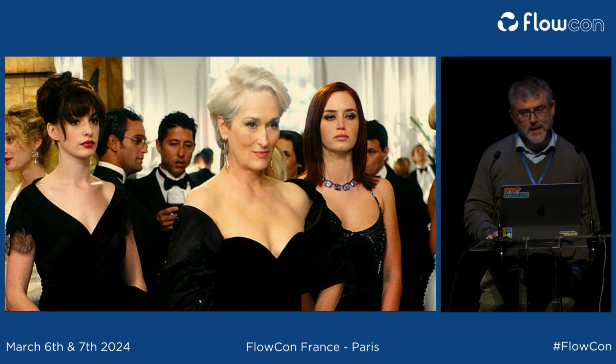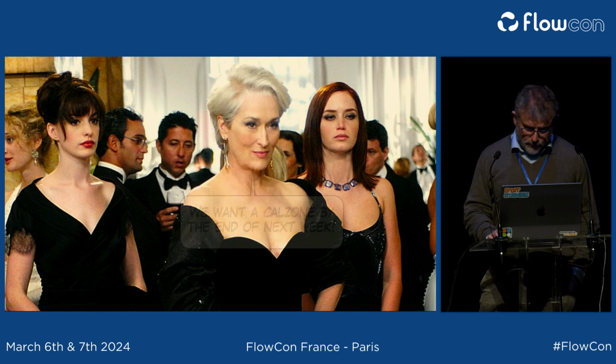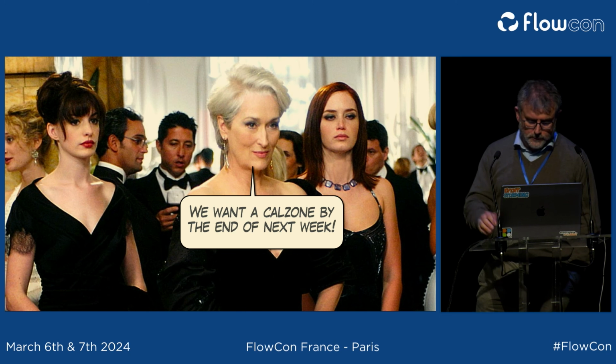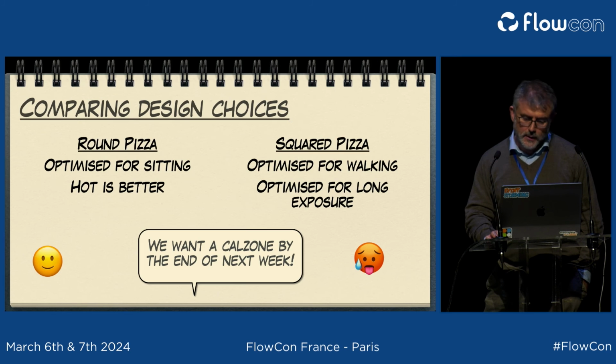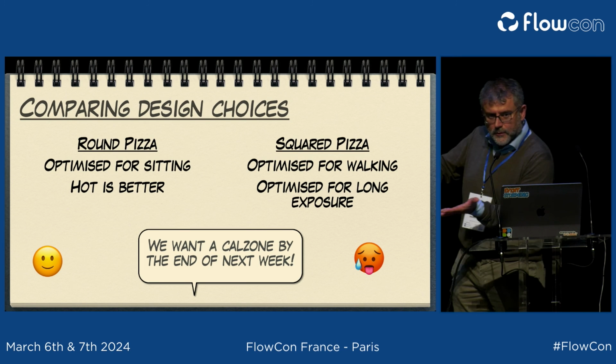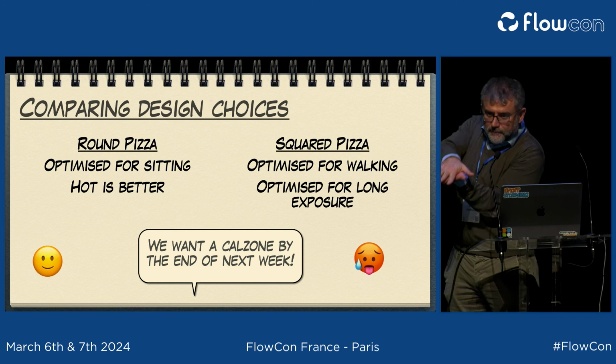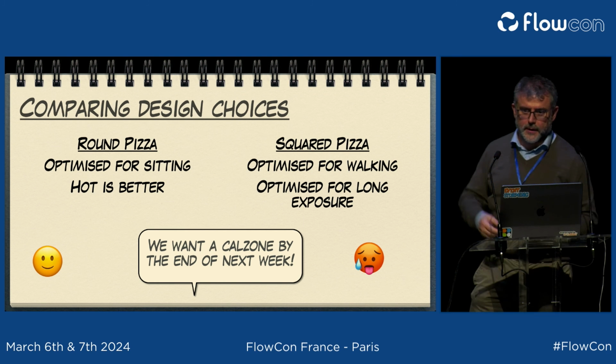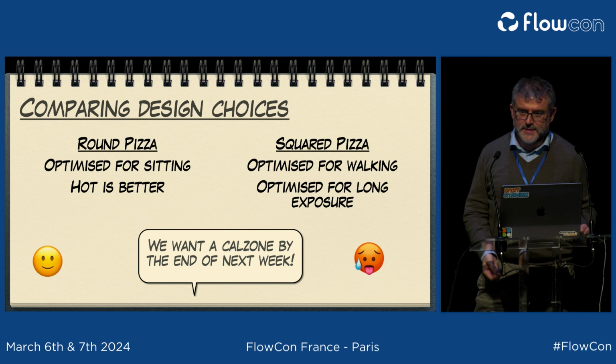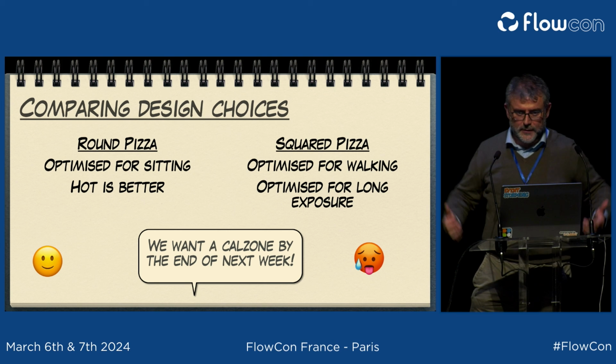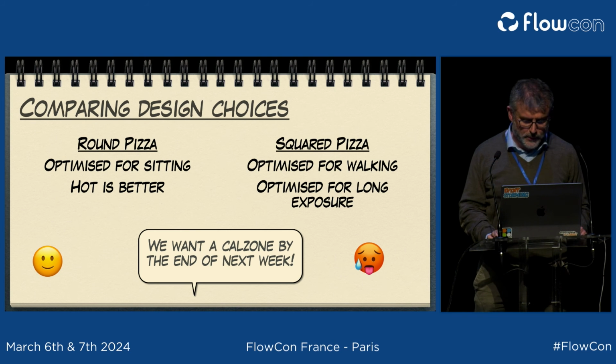They're both good. Except if we get requests like we want a calzone by the end of the next week, we might have a problem, because with the round pizza, it's very easy to flip it, fold it inside the calzone, while with the square pizza, good luck to make a 1 meter long calzone. That's not exactly where it should be.